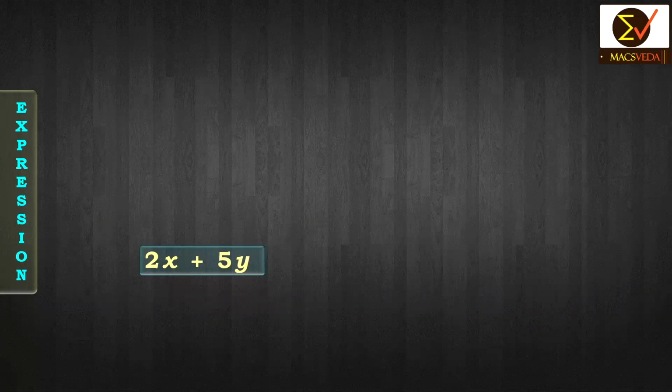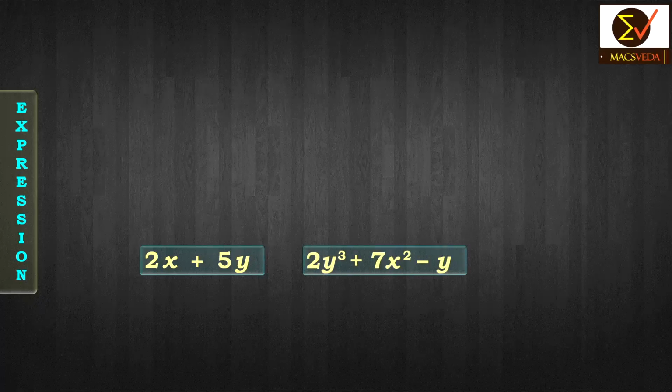Now let us take some more examples. Here this is also an expression. The first term is 2y cube. First of all, y is multiplied with itself 3 times, then the product is multiplied with 2. So 2y cube is one term. x is multiplied with itself, and that product is multiplied with 7. 7x square is another term.